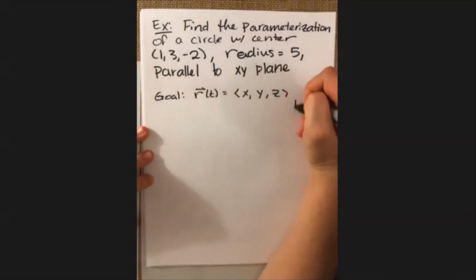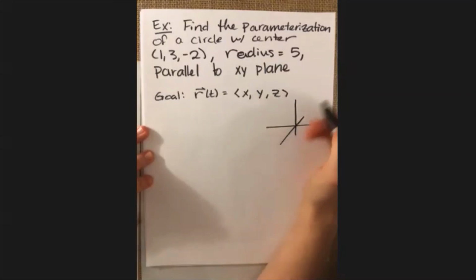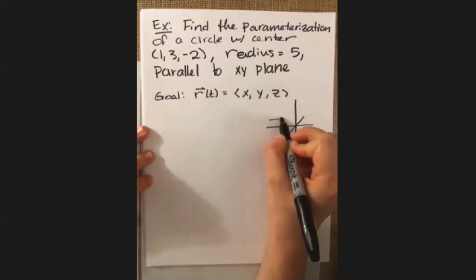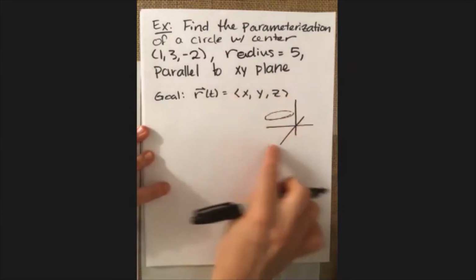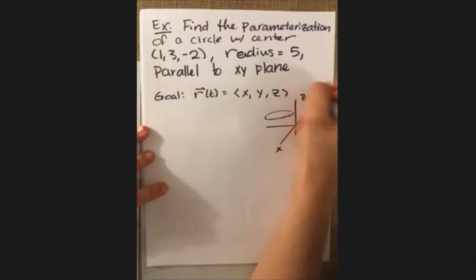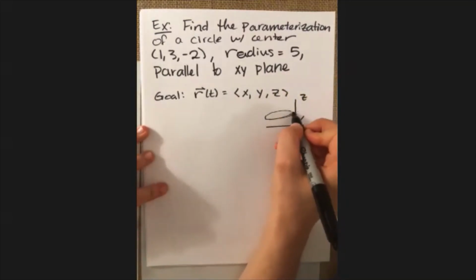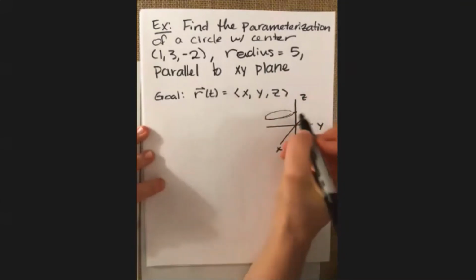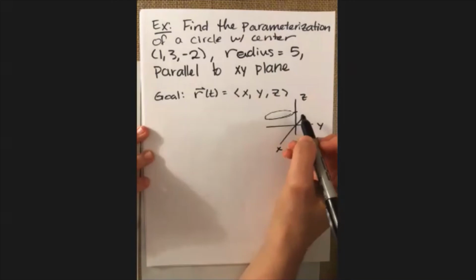So if we kind of sketch a picture of this, like so, and I have a circle that maybe looks kind of like that, and suppose it's hovering above the xy plane, like so. If it is parallel to the xy plane, then z, whatever value it's hovering at, z has to be constant everywhere on this circle.